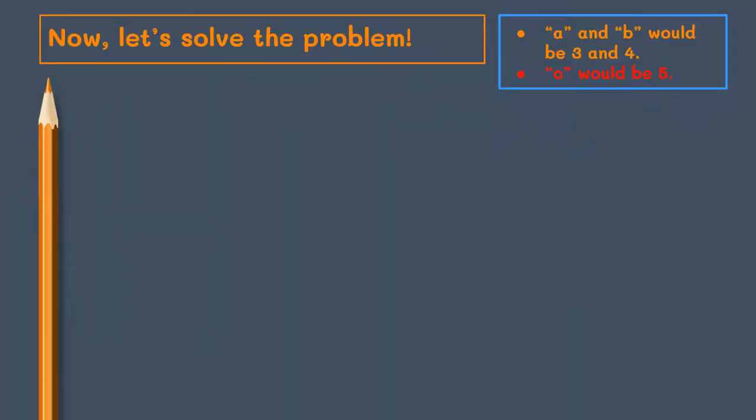So let's look at proving it. Now we're going to go through the steps to prove it. So a squared plus b squared equals c squared. We substitute our values for our a, b, and c. And so you can see that there, 3 squared plus 4 squared equals 5 squared. Now we've got to work on proving that. If my a squared is 3 squared, then 3 times 3 equals 9.